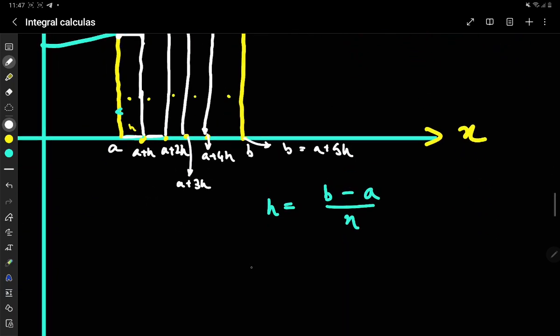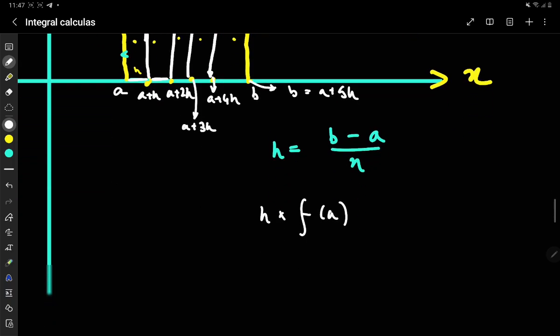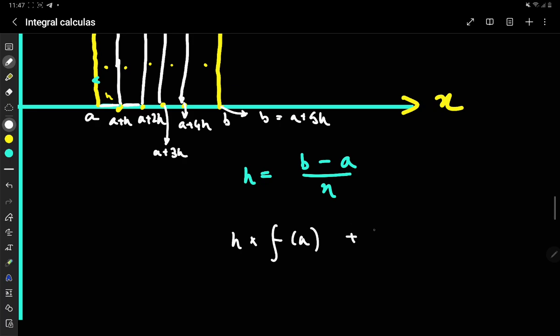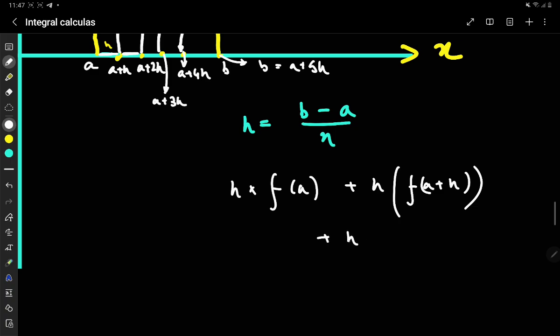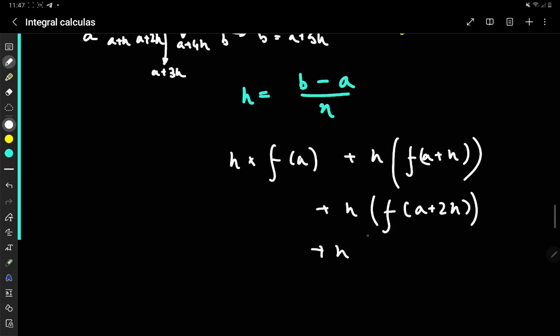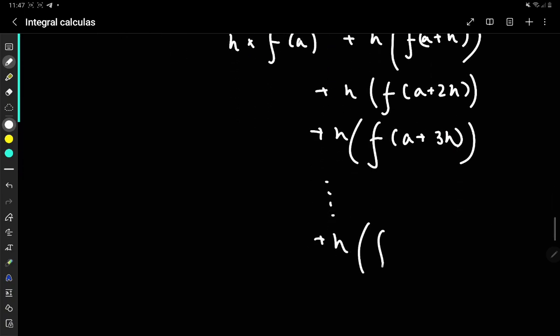So we can simply write h times f of a, and then we can write h times f of a plus h, plus h times f of a plus 2h, plus h times f of a plus 3h, and so on until h times f of a plus 5h.